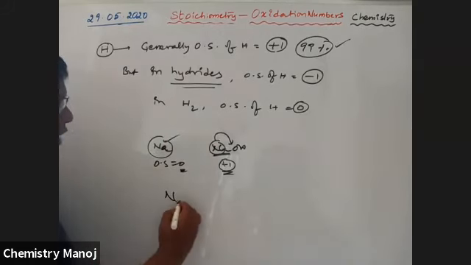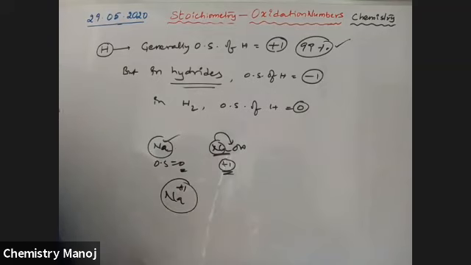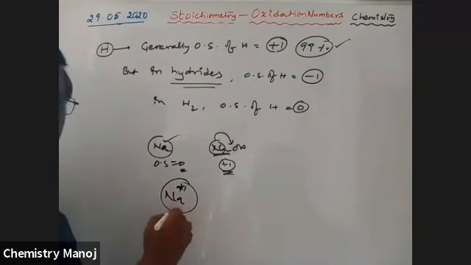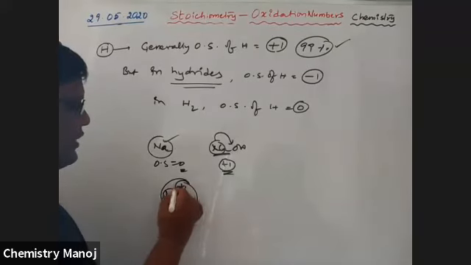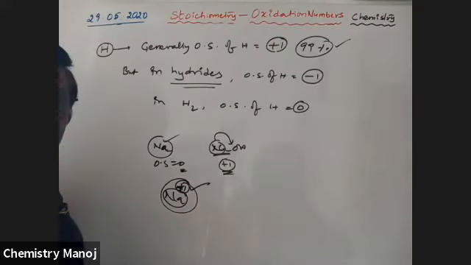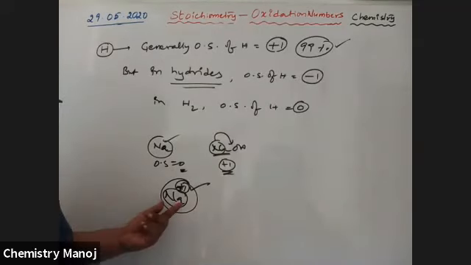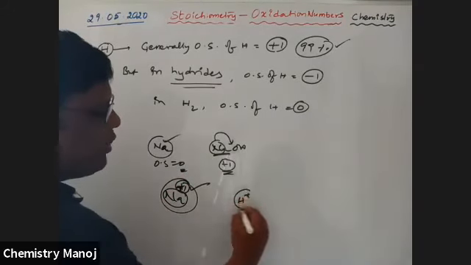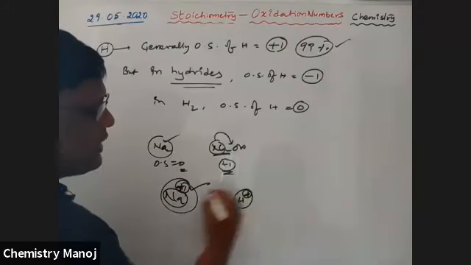Now, what is the oxidation state of sodium in the Na+ ion? In the Na+ ion, the oxidation state of the element is equal to its charge. So in elemental ions, the oxidation state is equal to its charge. For example, in H+, what is the oxidation state of hydrogen? +1.